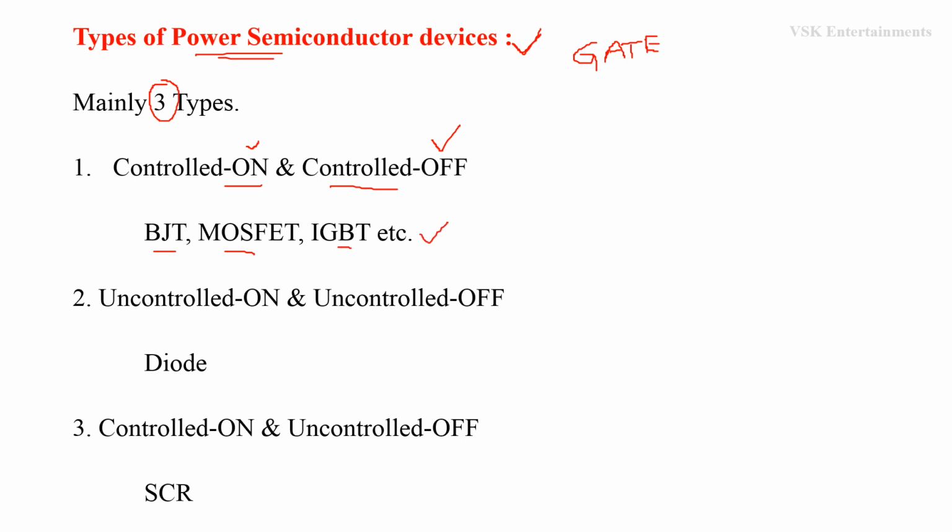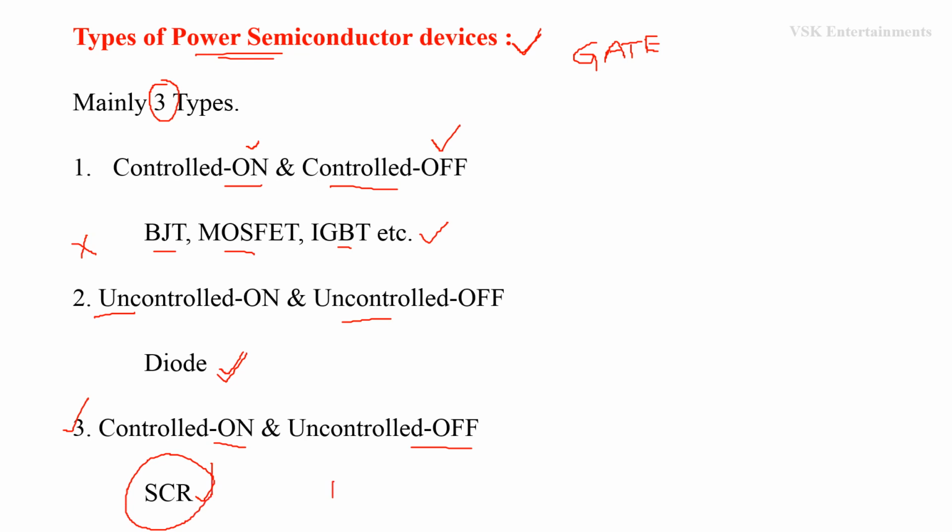The second one is exactly opposite to the first one. That is uncontrolled on and uncontrolled off. The example for this type is the diode. And similarly, the third one is the controlled on and uncontrolled off power semiconductor device. The example for this one is the SCR, that is the silicon controlled rectifier.